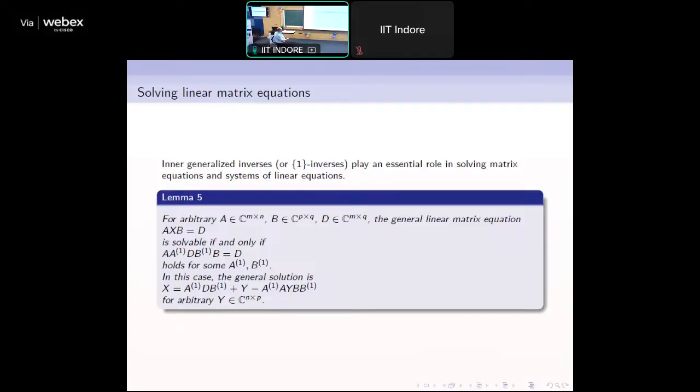Here we will obtain A A^(1) D B^(1) B plus A Y B minus A A^(1) A Y B B^(1) B. But A A^(1) A is A, and B B^(1) B is B, so they will be cancelled. And we will obtain only A A^(1) D B^(1) B, and it is D.